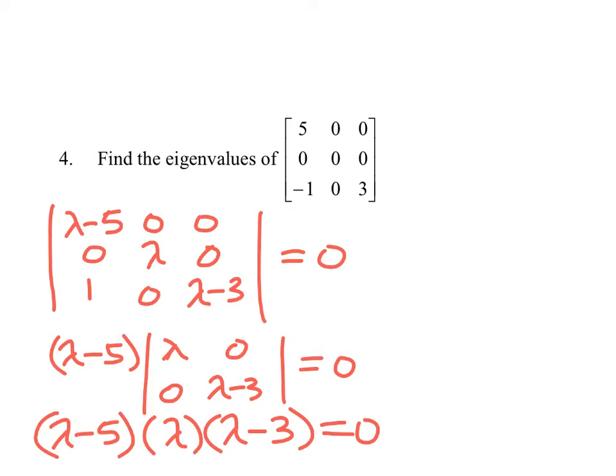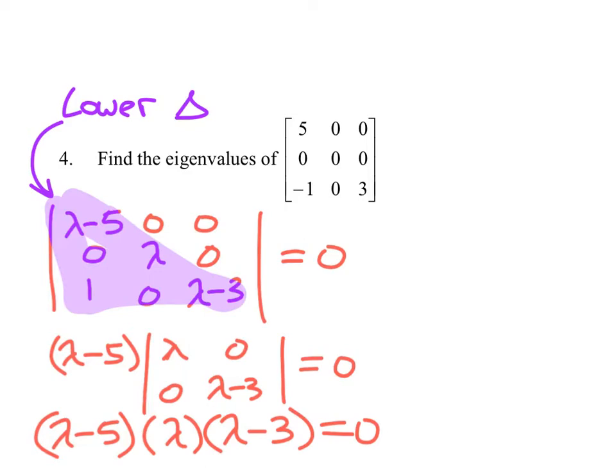The shortcut is that since this is a lower triangular matrix, all you have to do to find the determinant is multiply down the main diagonal. If it were upper triangular, same deal.